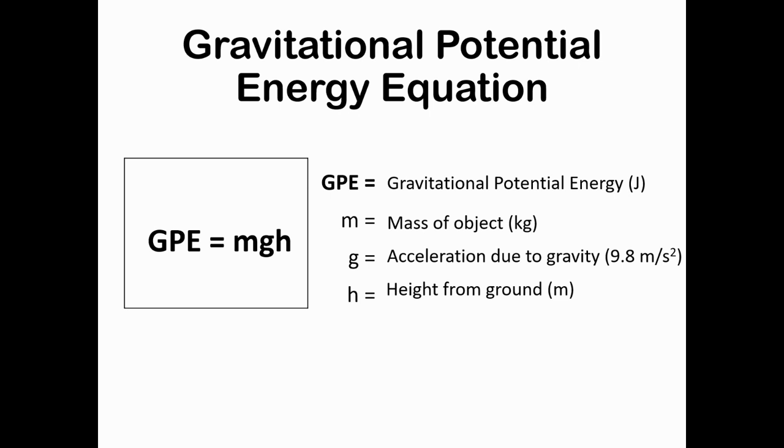So the 9.8 is the acceleration due to gravity on the Earth. If you go to the moon, you are going to accelerate much less because gravity is much weaker. If you go to Jupiter, the gravity is much stronger, and so it would have a much greater acceleration due to gravity.